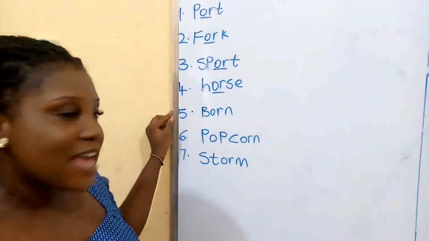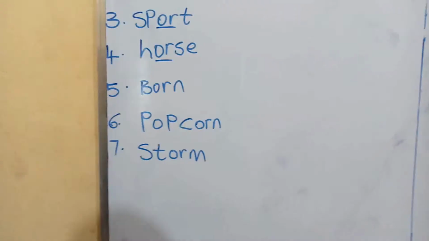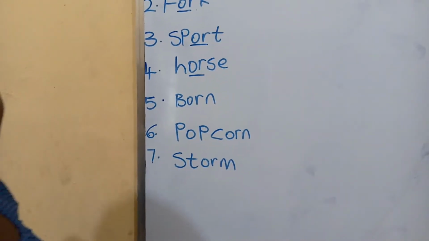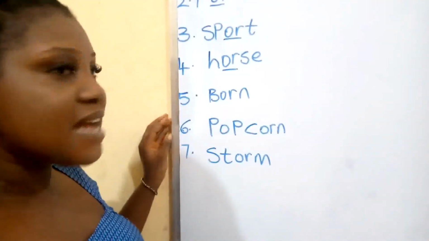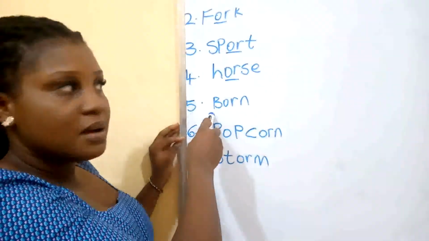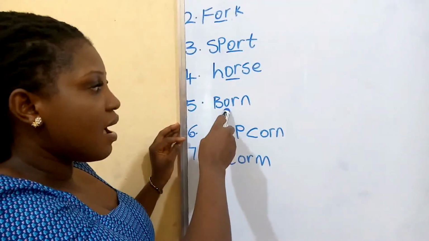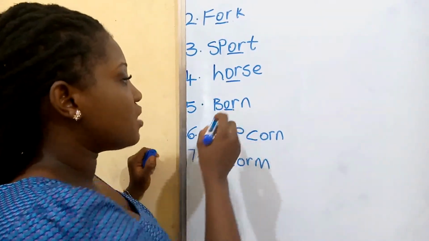All right. So now we are in number 5. Who can read what is on the board for me? Lovely. Let's sound the letters together. How do we sound this? B. And remember our sound. How do we sound this?